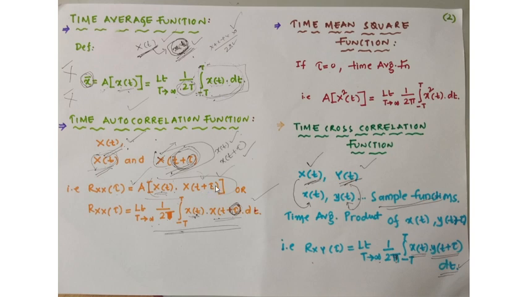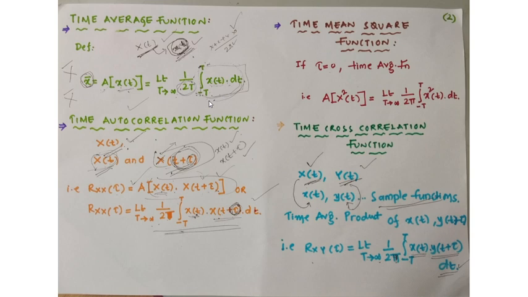The average of x of t, a density function, into x of t plus tau, another density function, the average of the product of these two is called the autocorrelation, denoted with Rxx of tau, which equals the limit T tends to infinity of 1 by 2T integral from minus T to plus T of x of t into x of t plus tau dt.